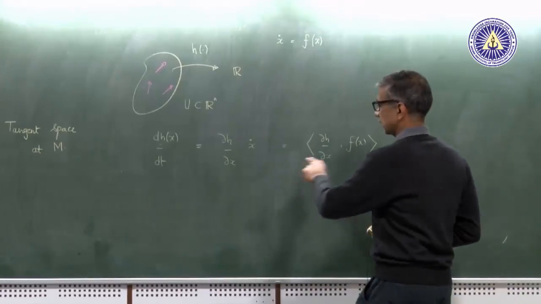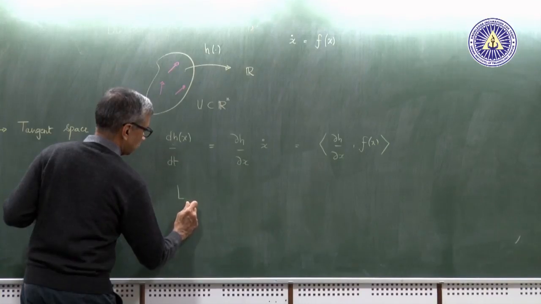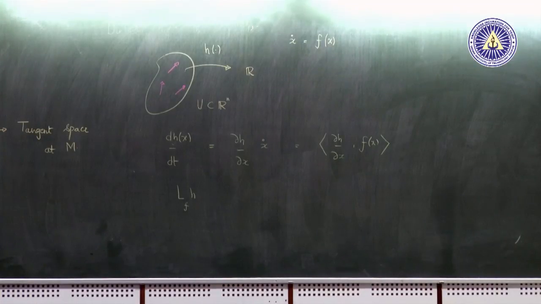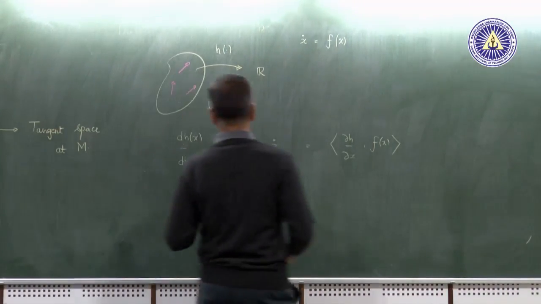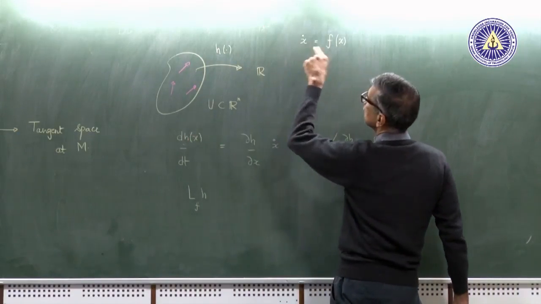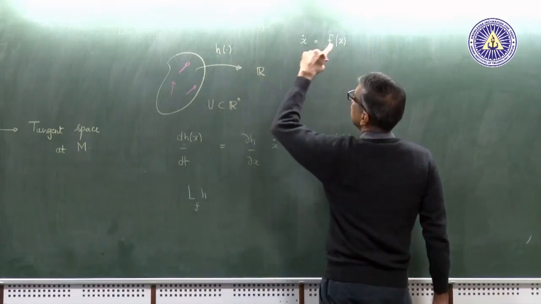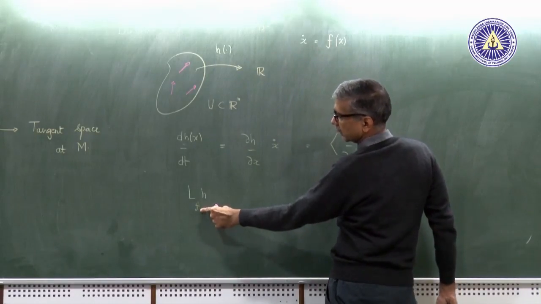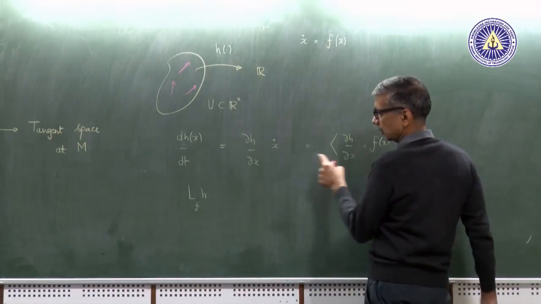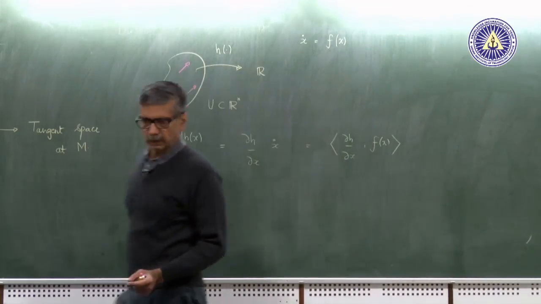So this is also called the Lie derivative of h along the vector field f. This notion describes the rate at which a function of the state variables changes. So to define this, you need a vector field. This bracket is just the inner product, the dot product, called the Lie derivative of h along f, right.